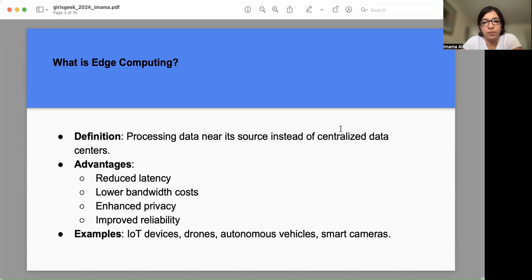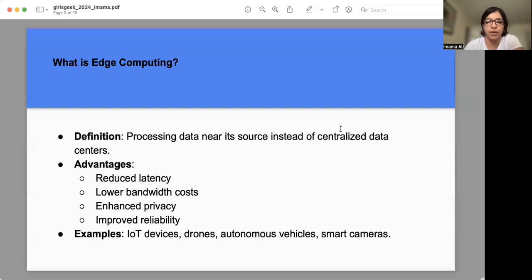It reduces the latency where the device has to upload the data to the center and then receive the output. Edge computing processes the data on device and bypasses the need to communicate with the centralized unit.